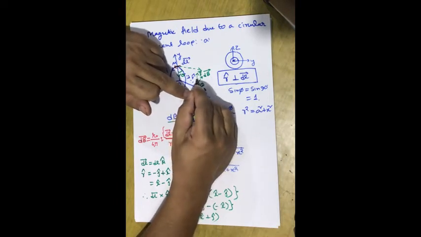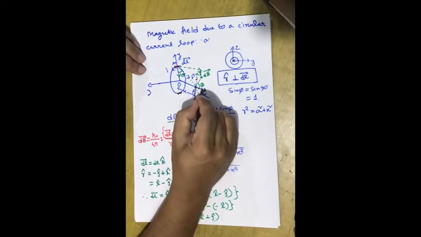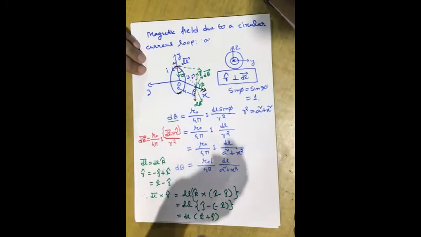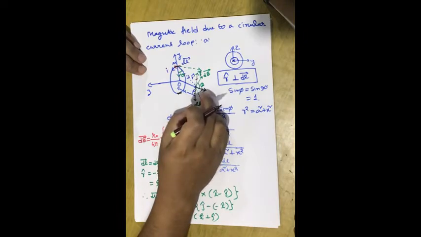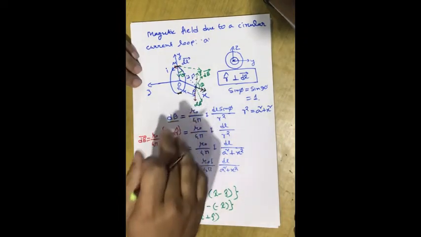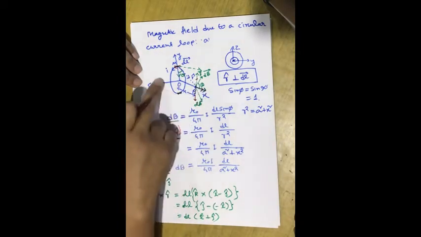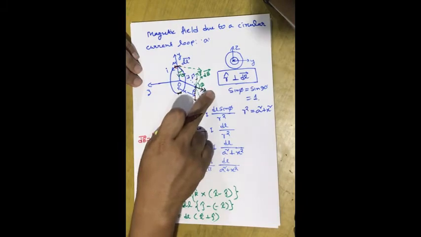Therefore, these two components will cancel each other out. But the x-axis components will be along the same direction, so they will just add up. So finally, if you are asked to find the magnetic field, you have to consider only the part which is along the x-axis.